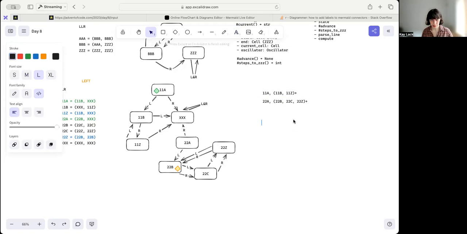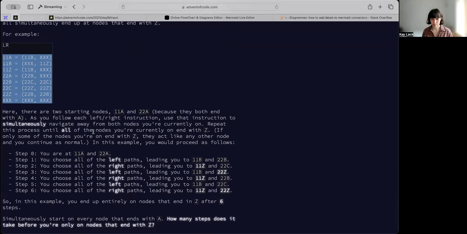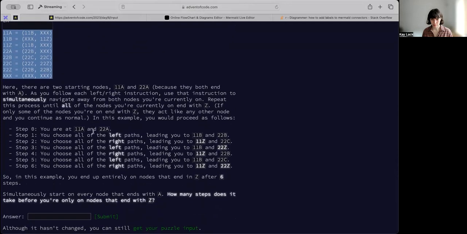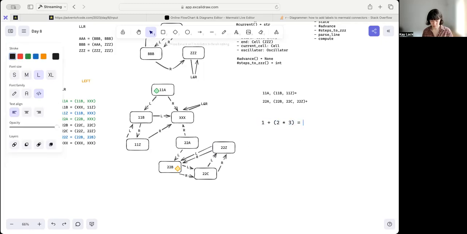But it's like the minimum of this. So 1 plus 2 times 3. Does that get us the answer? So 7. 7, 6.